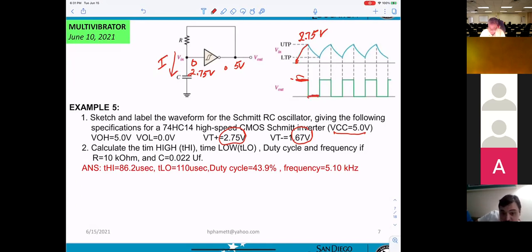And the capacitor will now discharge. When it discharges to what voltage here? 1.67. And again, the capacitor never fully charges nor fully discharges. It just goes between those two values. 1.67, then the output goes high again, and it keeps going.